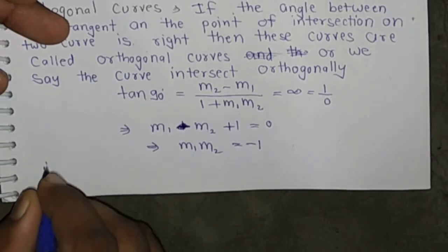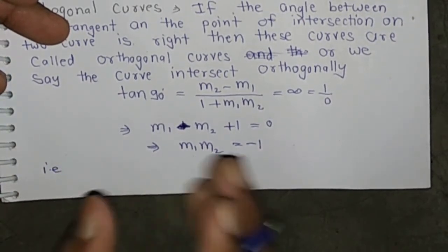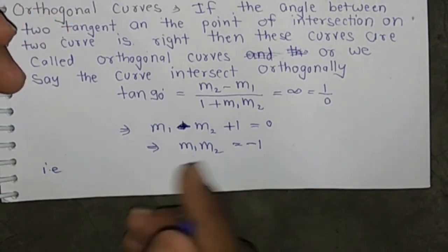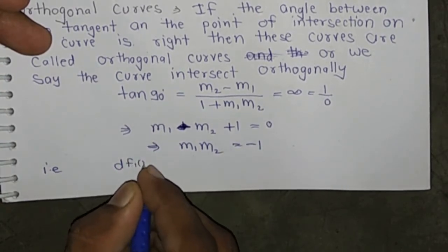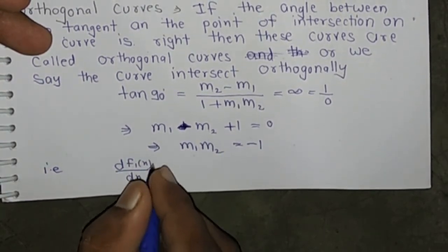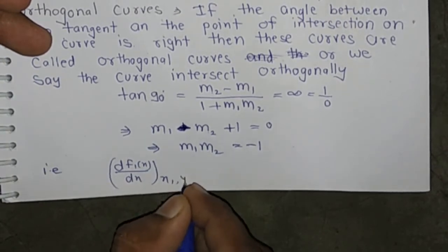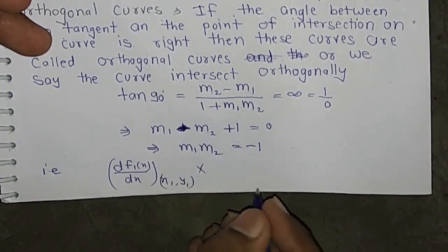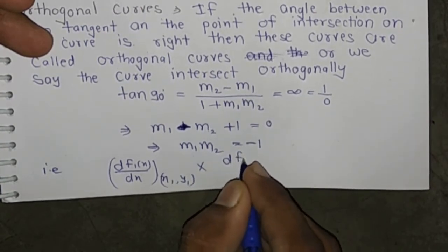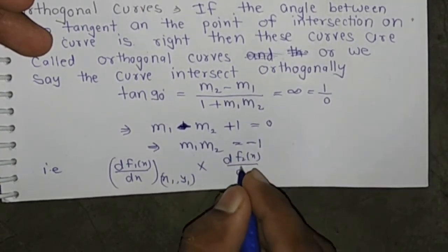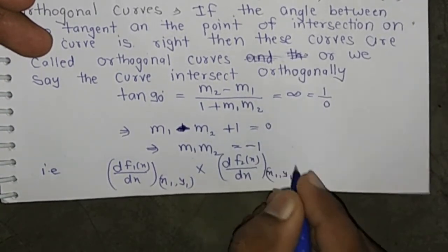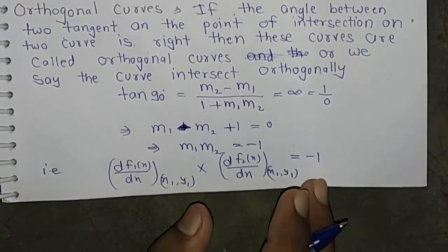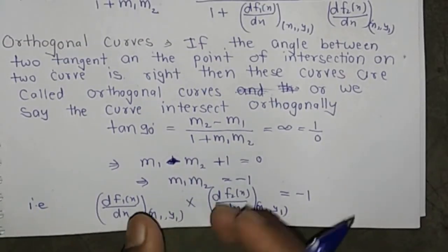Means product of slopes of tangents on two curves, d f1x by dx at point of intersection x1 y1 into d f2x by dx at x1 comma y1, is equal to minus 1.